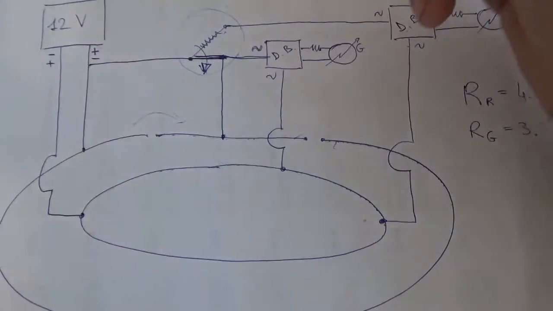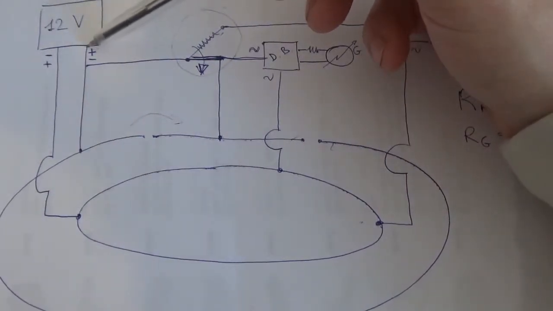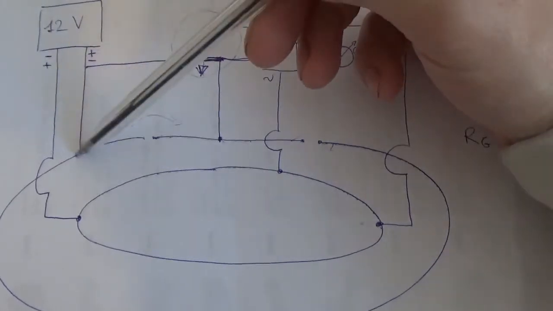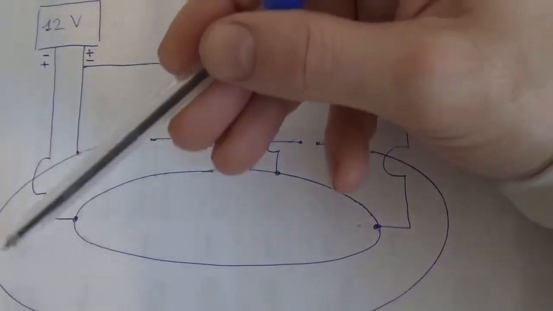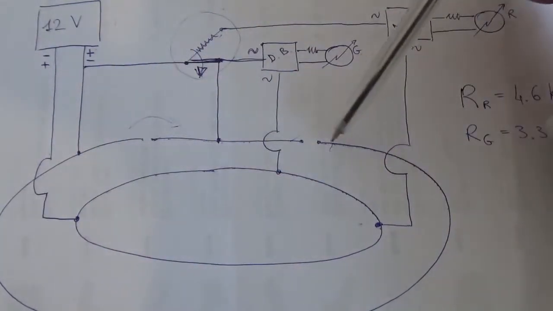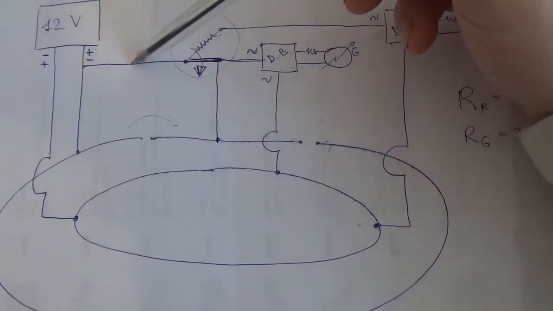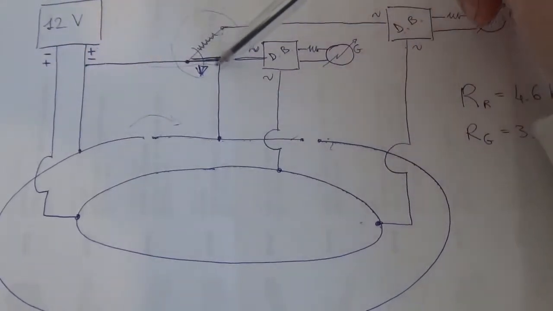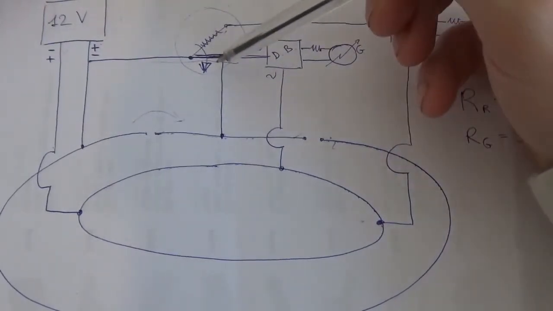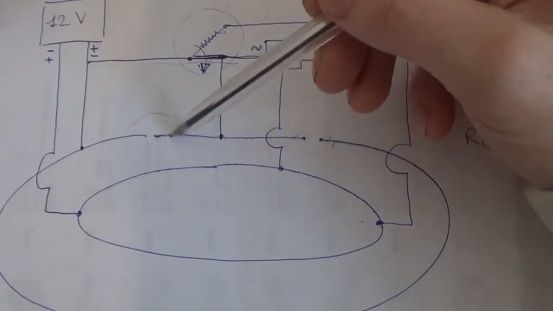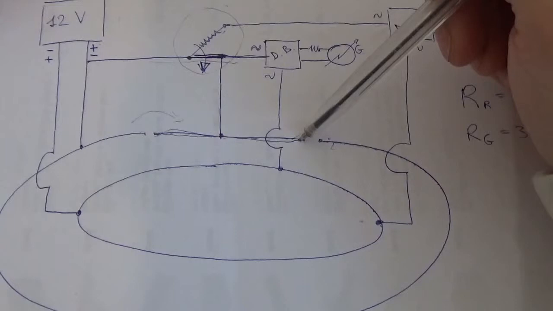What will happen in this case is that the electric current is going to flow in these two directions over here. In this direction it is going to power up this section of the rails, and in this direction it is going to make its way here and give voltage to this section of the rails.